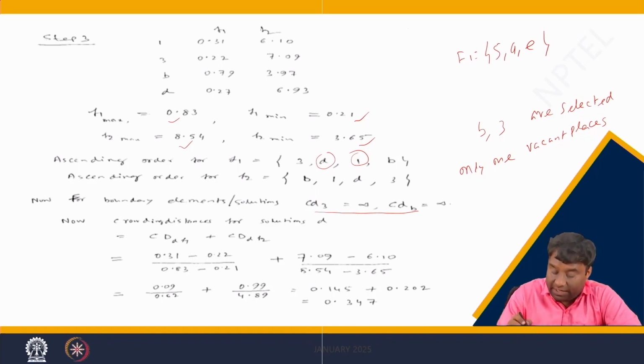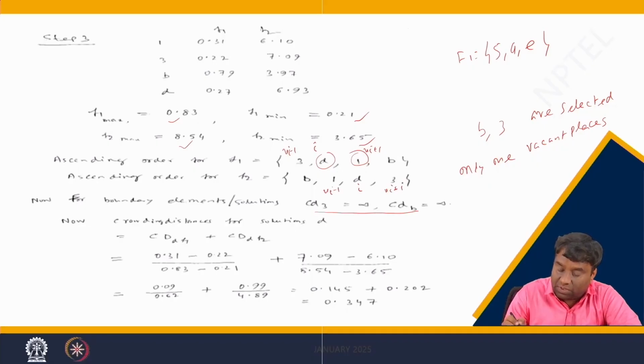As I told you, if we want to do the crowd distance for solution D, then D is i, so this is x i minus 1, this is x i plus 1. For F2, D here is i, so 1 is x i minus 1 and 3 is x i plus 1.